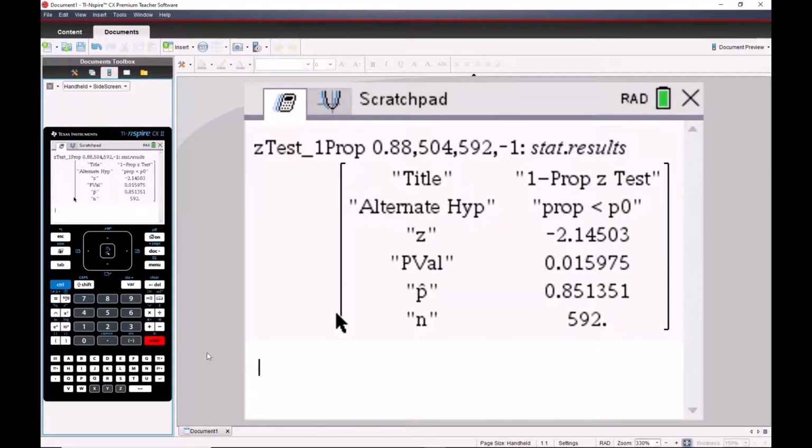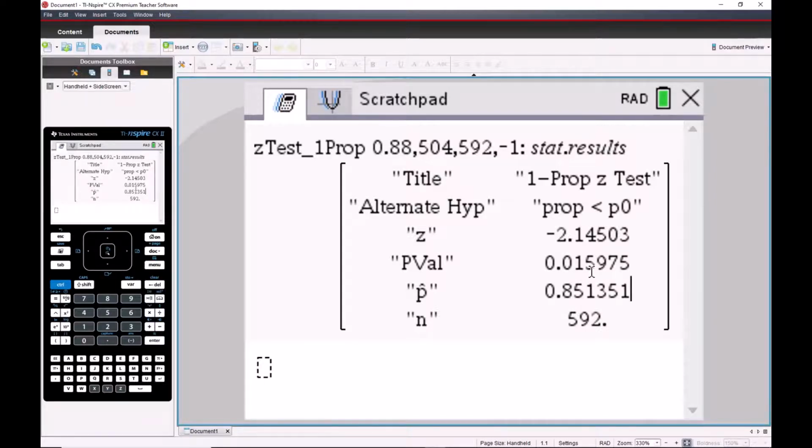All right, so you need to write down the z-score, this. You need to write down the p-value, this. And you need to write down the p-hat value, all right? That's 0.8514 rounded. The p-value is 0.016, that's about what we got by doing it by hand.